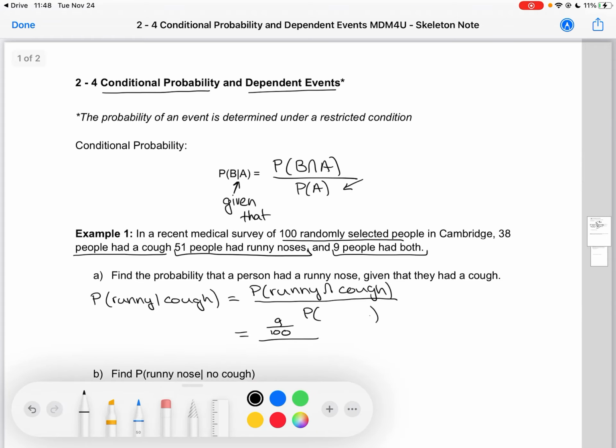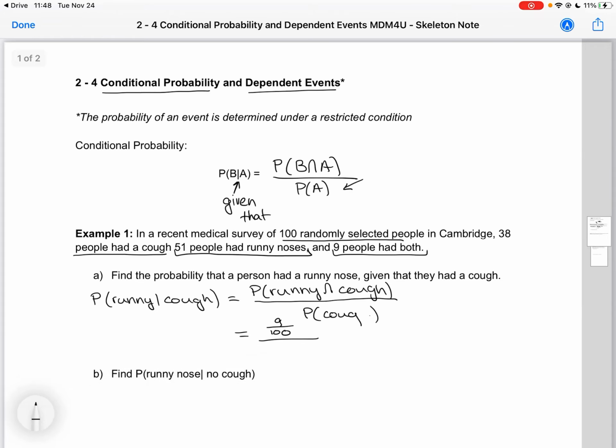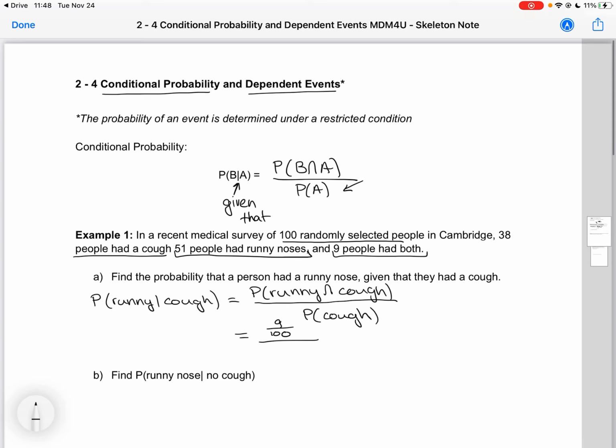This should be cough here, because that is the event that's already occurred. So on the top, we've got 9 out of 100, the number of people that had both. On the bottom, we've got the probability that someone had a cough, so that would be 38 out of 100 people. Simplifying that is going to give us 9 out of 38, which is the chance that a person had a runny nose given that they had a cough.